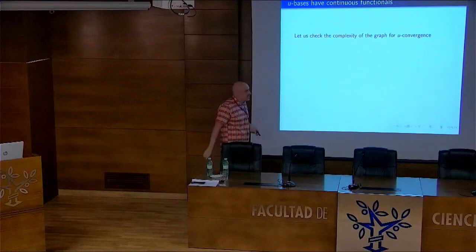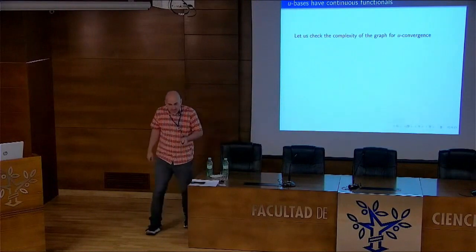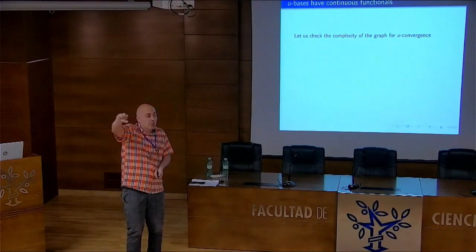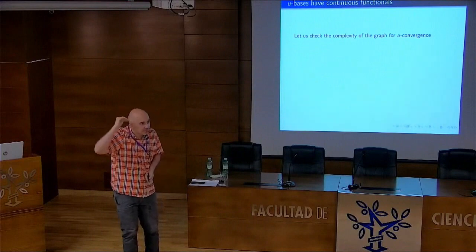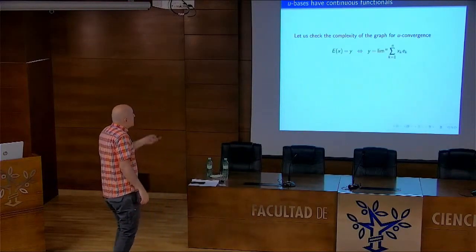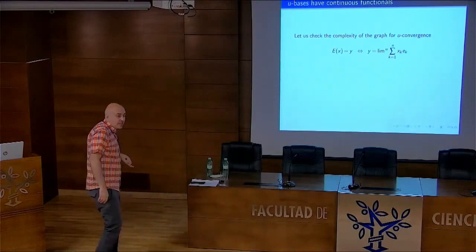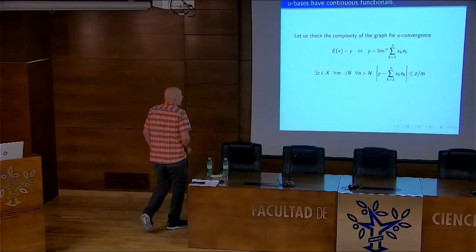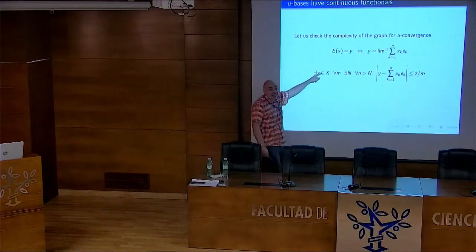Okay, so let's check. For instance, let's take U convergence. I remind you, U convergence was the one where I have eventual upper bounds given by multiples of a given vector. This was uniform convergence. So what does it mean that y is the uniform limit of the series? Uniform convergence says there exists a vector, fine.